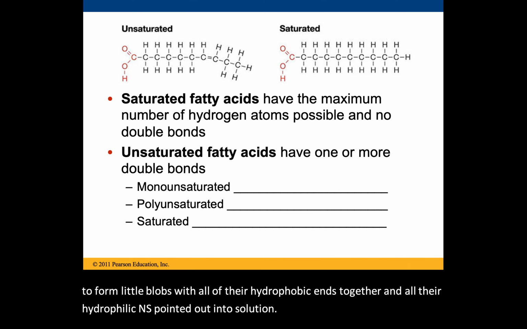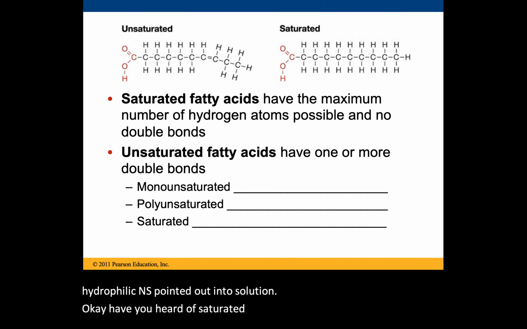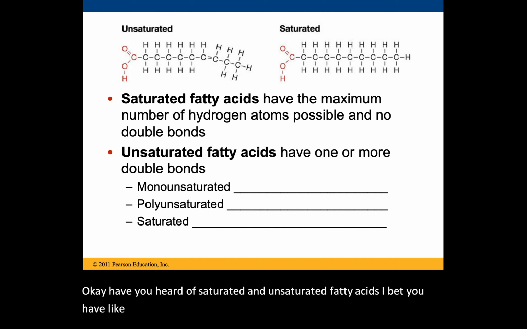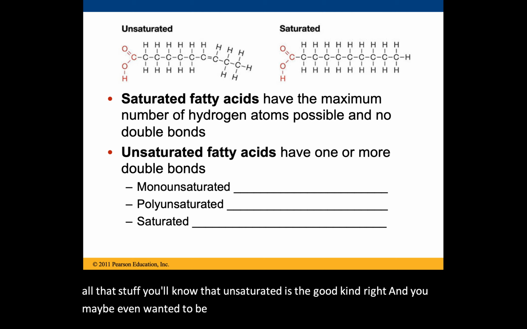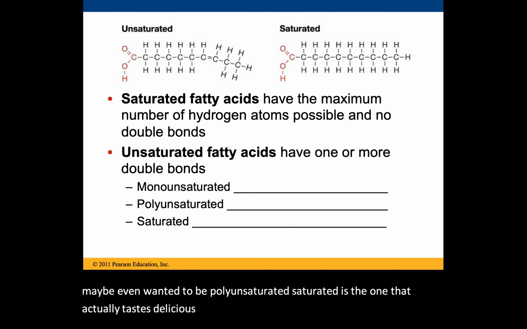Okay, have you heard of saturated and unsaturated fatty acids? I bet you have, like in cooking and stuff like that. And so if you're a fan of health and all that stuff, you'll know that unsaturated is the good kind, right? And you maybe even want it to be polyunsaturated. Saturated is the one that actually tastes delicious, but it doesn't do you much good.